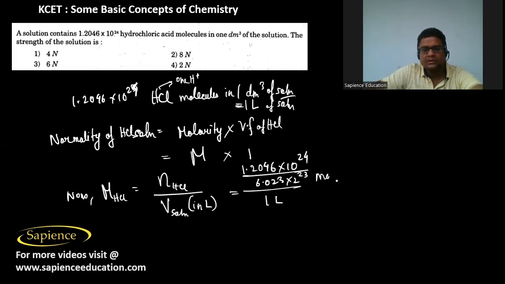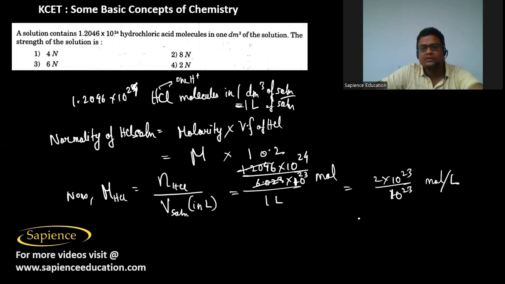This much mole per liter. So 6 2s are 12, so this will be 2 into 10 power 23 divided by 10 power 23, this much mole per liter. So that will be 2 mole per liter.